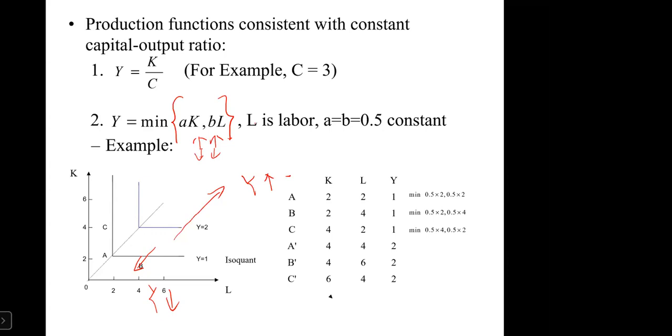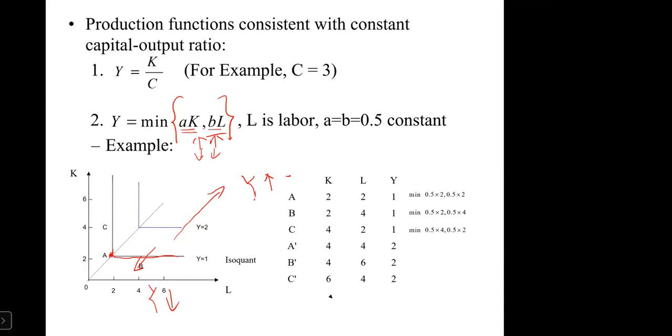Right? But then what is going to determine where you are in terms of Y? Actually, you're determined by the smallest between AK and BL, right? Because once you have, say for example here, a level of K, you increase L, it doesn't change.